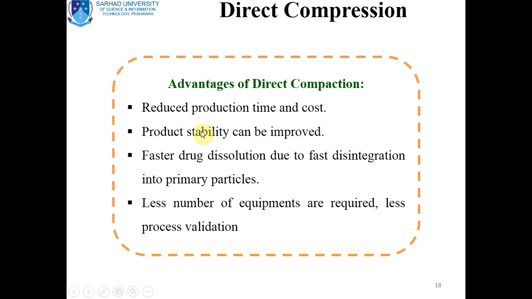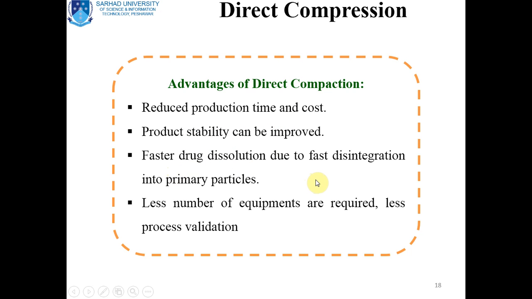Advantages of direct compression include reduced production time and cost, because in wet granulation there are far more steps as compared to direct compression, and in dry granulation some extra steps are required, while in direct compression the minimum steps are involved, so production time and cost are reduced, and product stability can be improved.